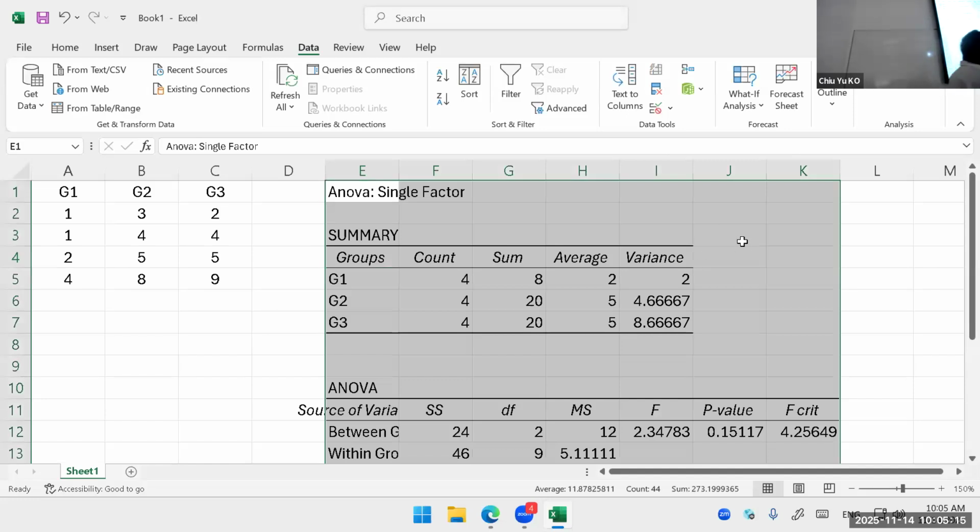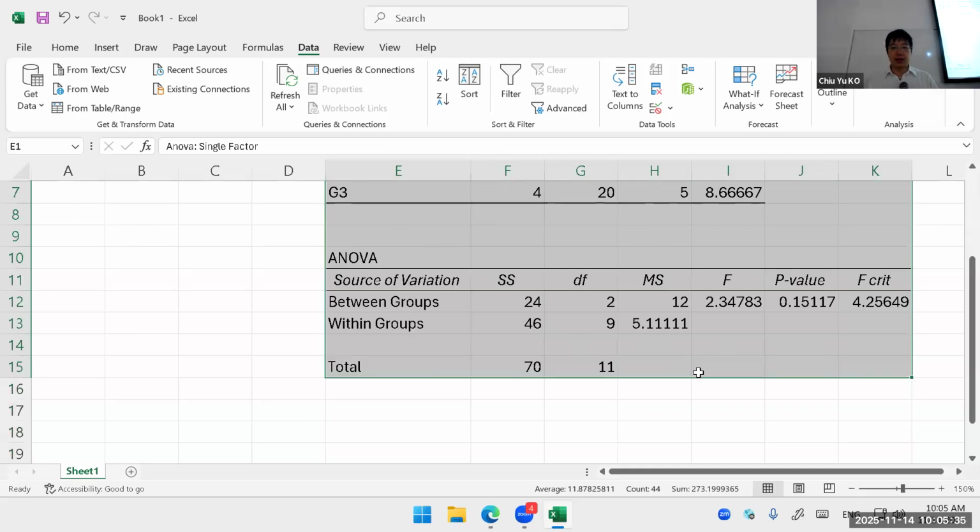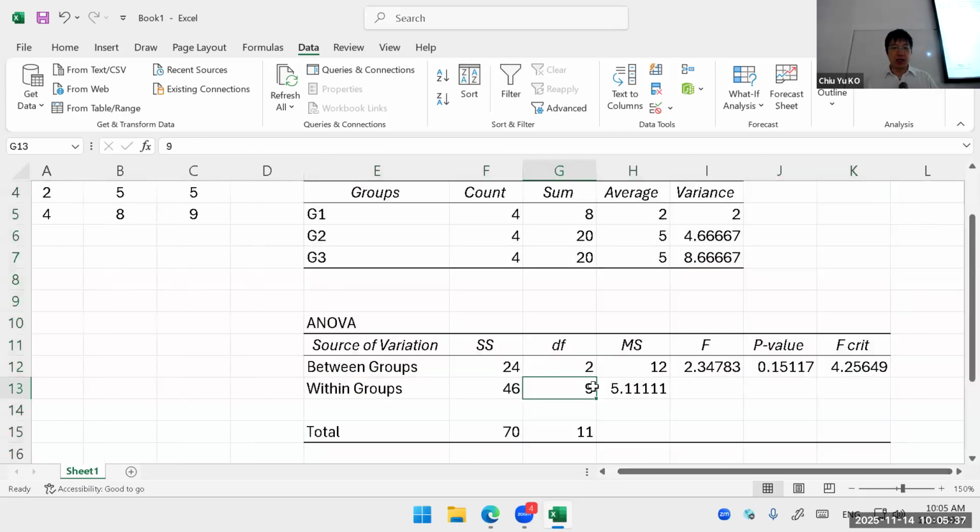So you will see it tells you what N1, N2, N3 are, right? And the mean in each group and the variance of each group, right? What's the sum? Okay, so that is the summary. But what we care about is ANOVA, right? So not this first table, but rather the key point is this second table.